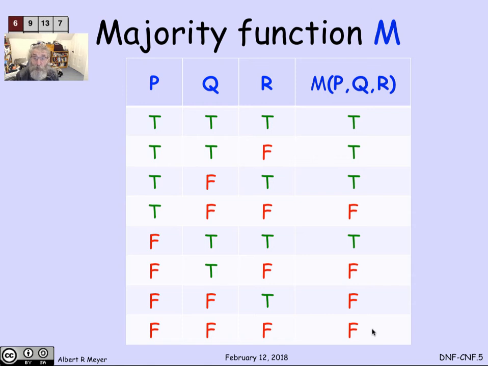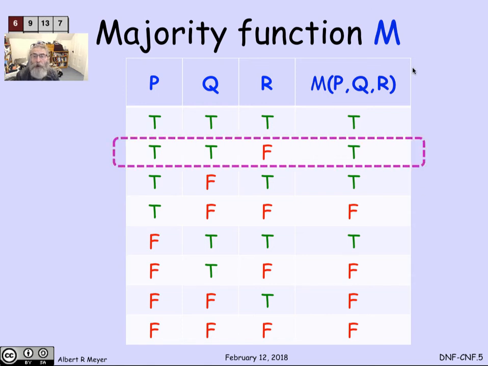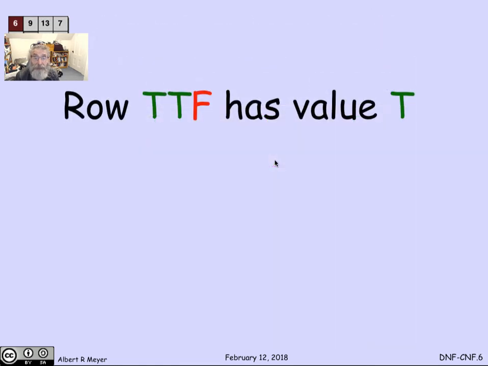Those are the rows where there are more falses than trues. Okay, let's look at a particular row where the majority function happens to be true, namely the row where P is true, Q is true, and R is false, the TTF row. We've singled that out because that's a row where M has the value T.